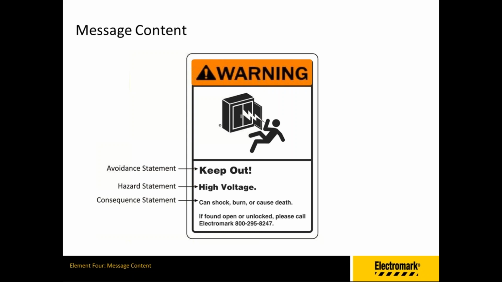However, the experiential knowledge of the intended audience and the physical barrier control of the hazard can be taken into account when drafting the word message or considering whether all of the content elements are necessary. So to give you an example, the interior components of a locked pad mount equipment cabinet might only need the energized exposed components identified with the safety message high voltage and nothing else, since only trained workers with an understanding of that hazard would have access and would be working on those components anyway.